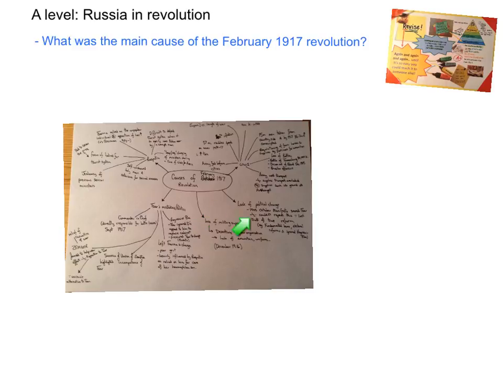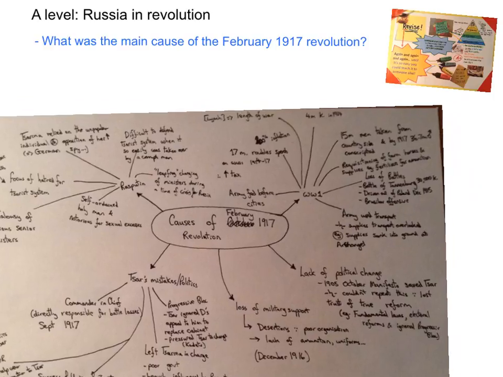It could be loss of military support, which I would potentially combine with World War I. Rasputin. It could be the lack of political change. Sometimes you might be asked about the Tsarina herself. So we're going to look at these different factors, and we're considering what the main cause was of the abdication of the Tsar, or the 1917 revolution.